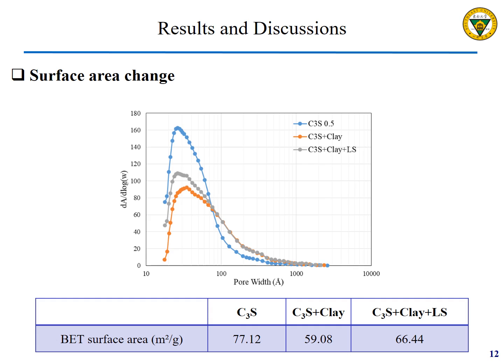In pure C3S systems, there is more C-S-H, so there will be more surface area. And also, when we quantify the surface area, we can see the C3S plus clay shows the lowest surface area, while pure C3S demonstrates the highest surface area.